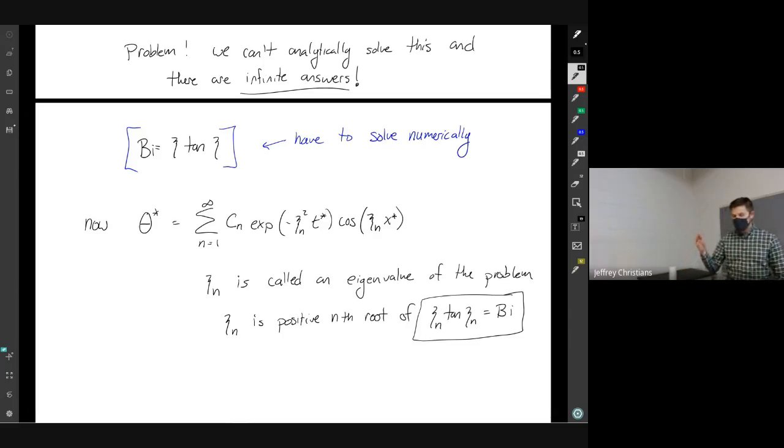So C1 is going to be the first positive root of that equation, the first value that solves it. C2 is going to be the second one that solves it. C15 is going to be the 15th value that solves it. So it's going to get solved.